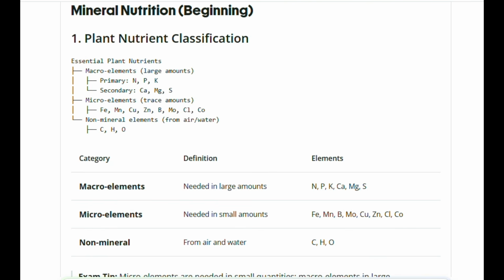Macro elements are needed in large amounts. Micro elements are needed in trace amounts.